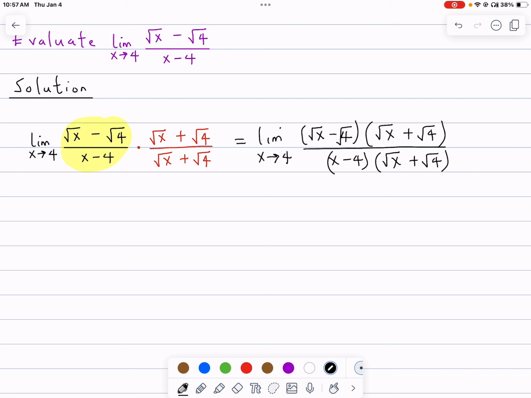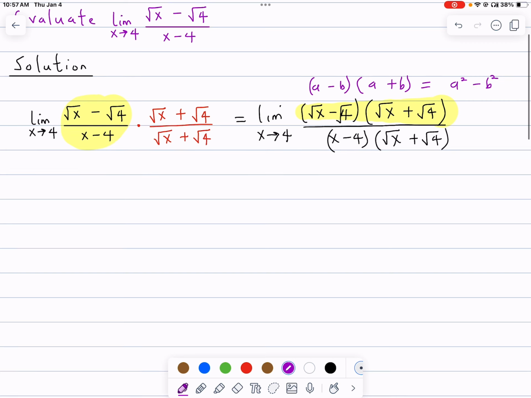If you remember the difference of squares, the numerator looks like the difference of squares. Recall that if I have a minus b times a plus b, this is equal to a squared minus b squared, right?